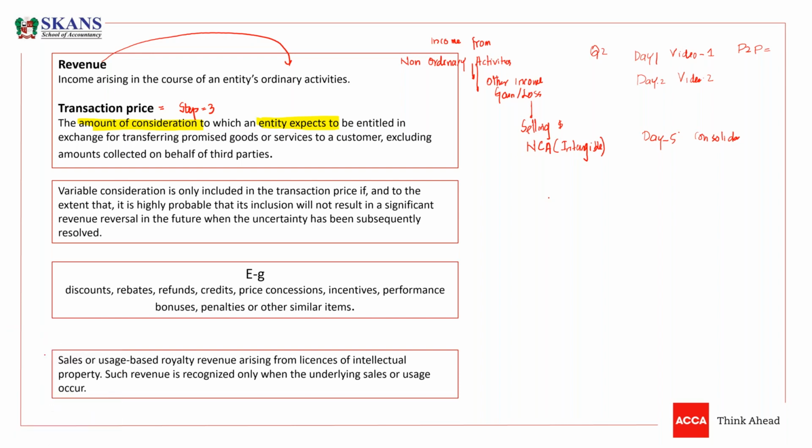It means if you have collected VAT on behalf of other parties, that can't be a part of revenue.